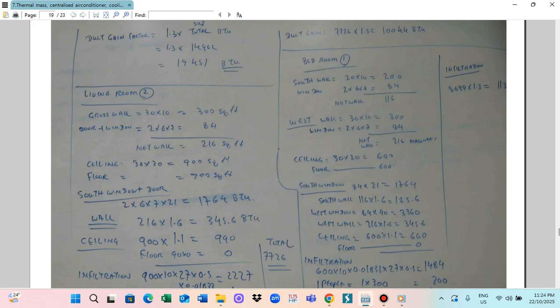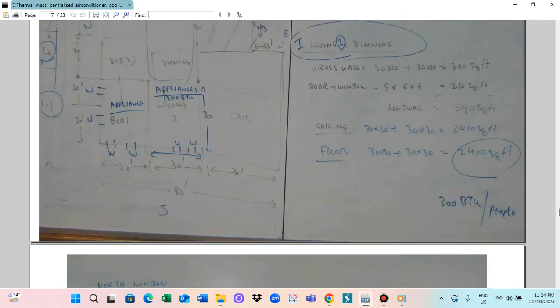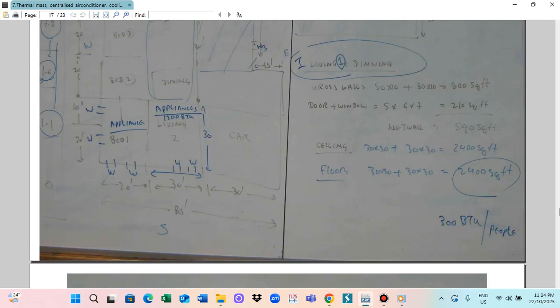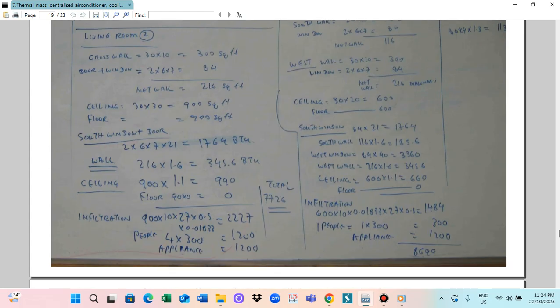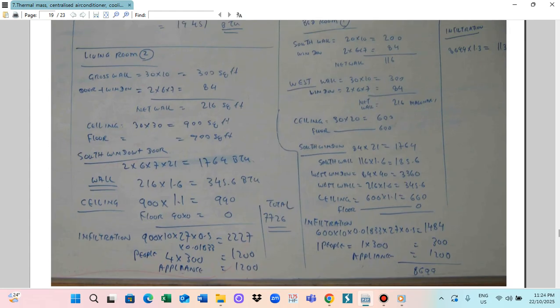And we also have the west wall. Bedroom 1 also has the west wall, which is 30 multiplied by 10, equal to 300. There are also two windows, one window here, another window here.